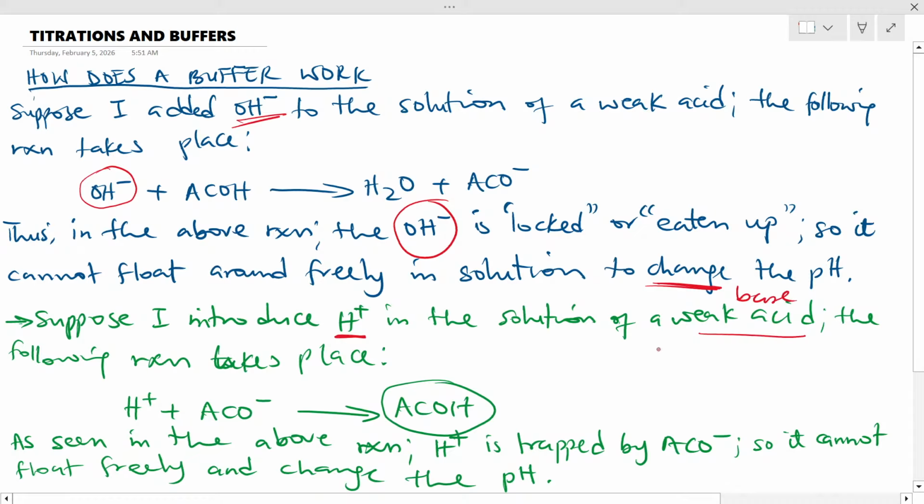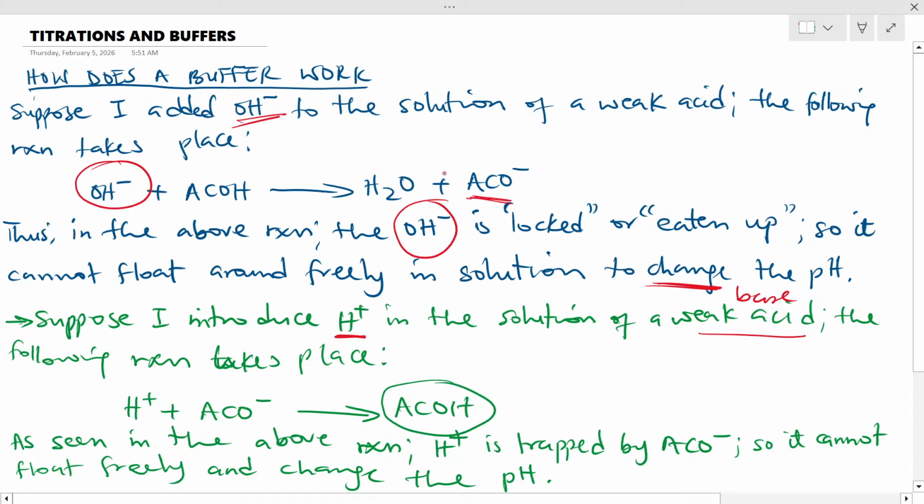So when you have that in the solution, it's still introducing the H plus in this same solution. So it's this same solution of weak acid, but mind you, you have introduced the base already, and you have your reaction that has taken place, and you have your AcO minus, which is your acetate.